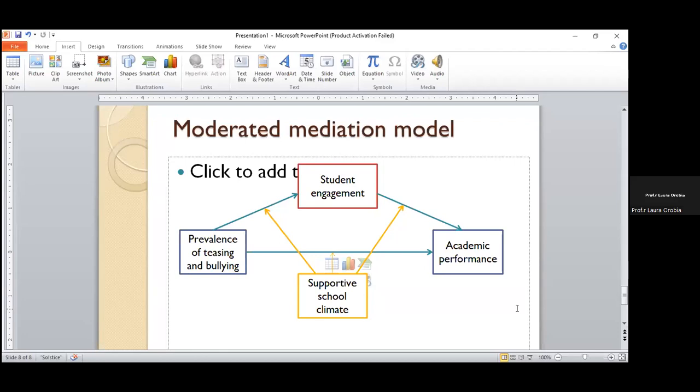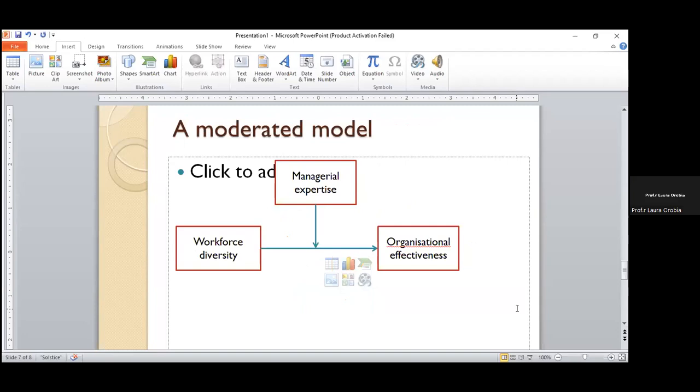It means that in this particular conceptual framework, the role of the moderator is to modify the mediation effects. Modify the mediation effect. Here, modify the linear effect, the linear relationship, sorry.